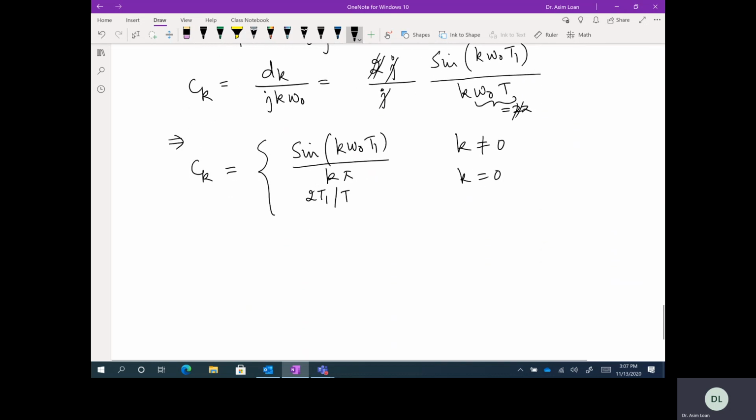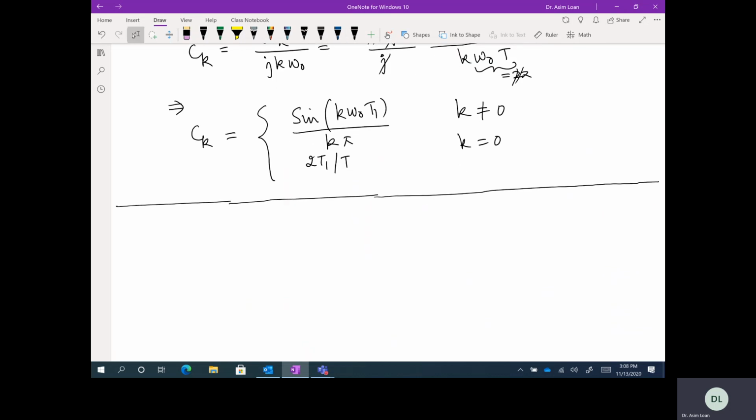Okay. So let's move on to the Fourier series for the discrete time case, which is exactly similar to the Fourier series for the continuous time case, except one or two fundamental differences. So Fourier series representation of discrete time periodic signals.